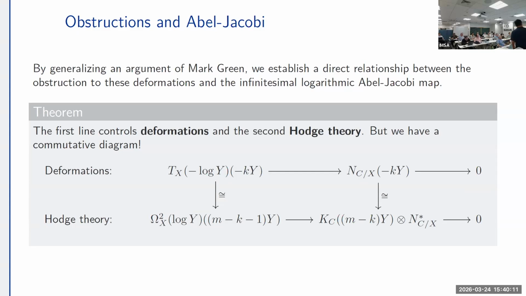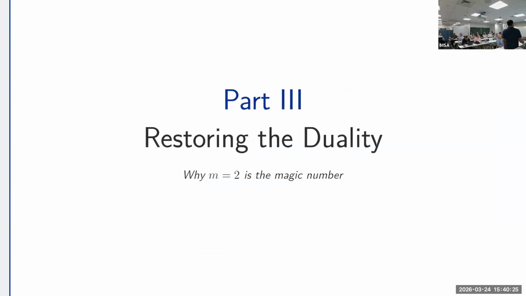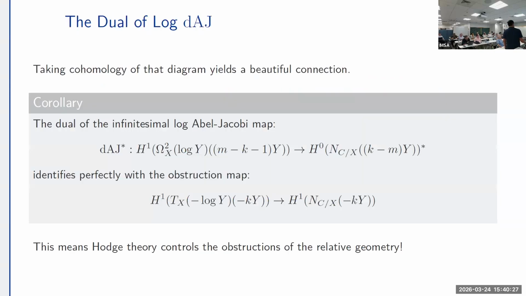So when you go to cohomology, what this is saying is that one is controlling some deformation problem, and the other is giving you the relative Abel-Jacobi map. So this is linking Hodge theory with deformation. This is precisely, again, the setting of the Calabi-Yau threefold.